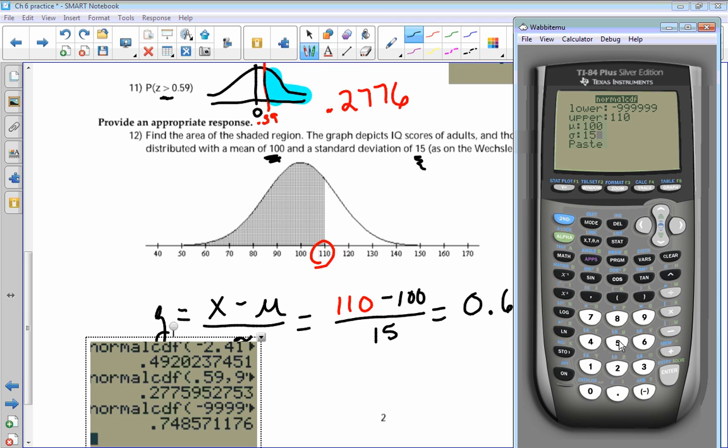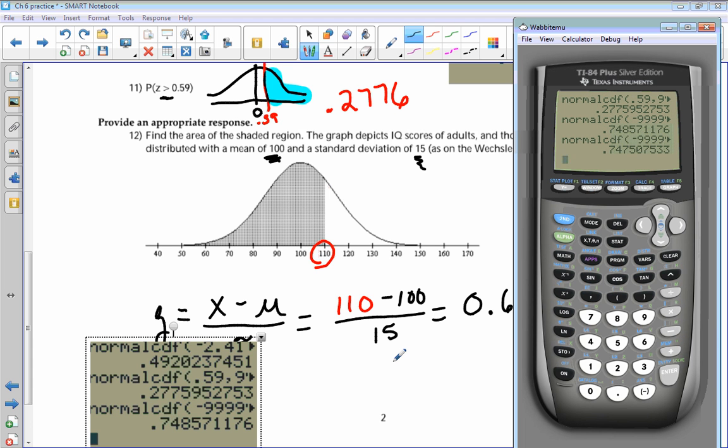So I've given the calculator everything about this problem. All I have to do is go in, and again, those of you with a different screen would be putting the commas between these values, and hit enter, and guess what? I get the exact, or darn close to the exact same answer, 0.7475. I know that there's going to be some variation depending upon how you do this. It's just with rounding.